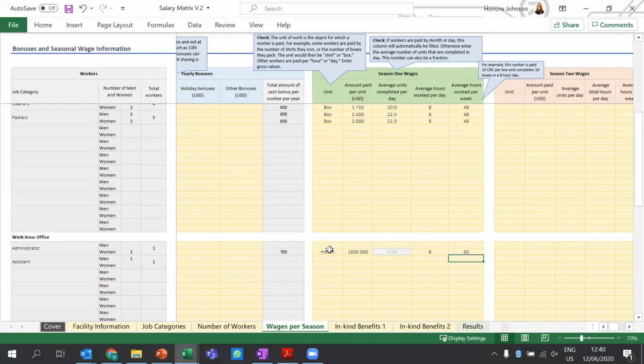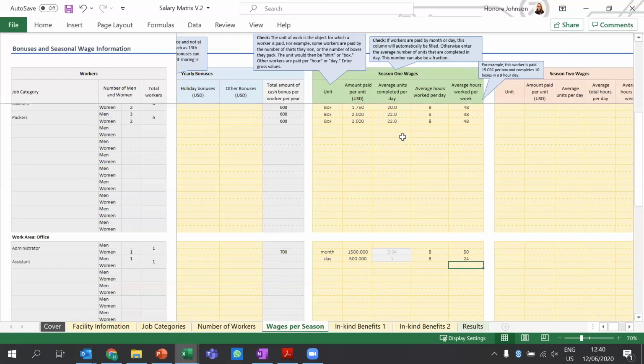Because the unit is a time value, such as month or day, you will notice that the average units completed per day is automatically turned gray. There is no need to edit this cell once it turns gray. The assistant is paid per day and is paid $500 per day. For this example, they work 8 hours a day, but only about half time, so 24 hours in a week.